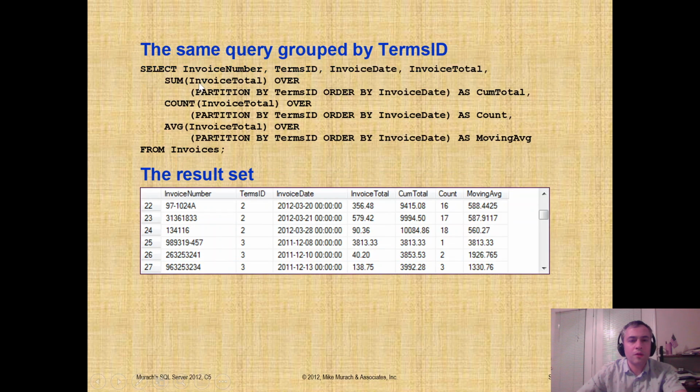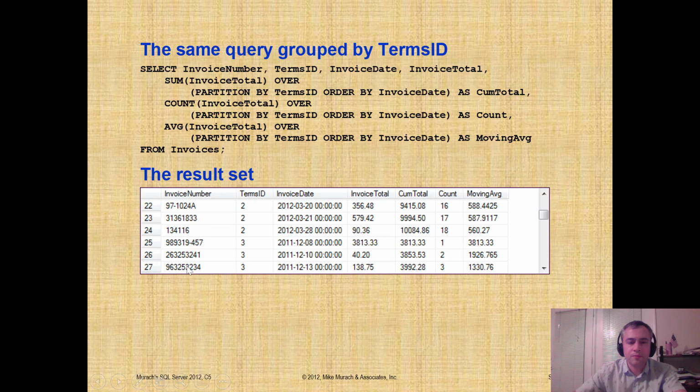Oh, one more. A little bit more sophisticated partition with order by. So we are doing partition by terms ID. Here is our terms ID. The beginning 4 columns are actually from the original data.